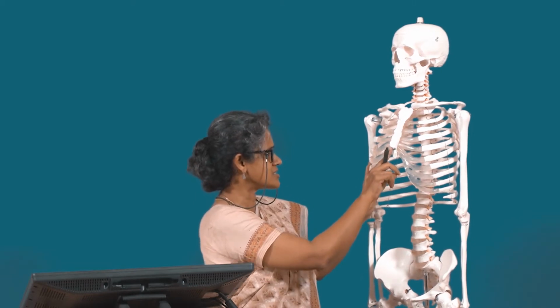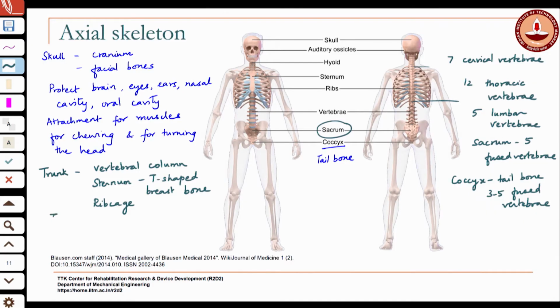They attach via cartilage to the other ribs, and then attach to the sternum, and then you have 2 pairs which are not attached at all, and they are called the floating ribs. So, you have true ribs, false ribs, and floating ribs, depending on how they are attached.